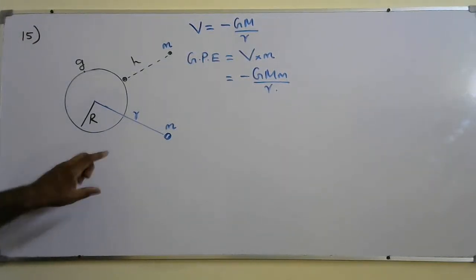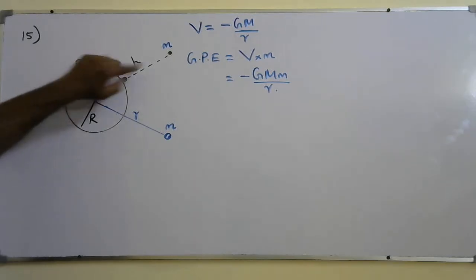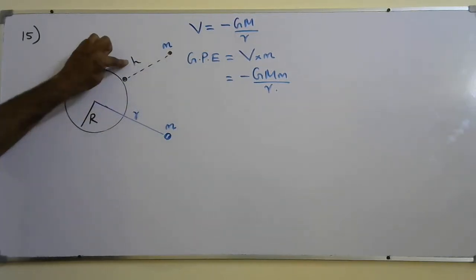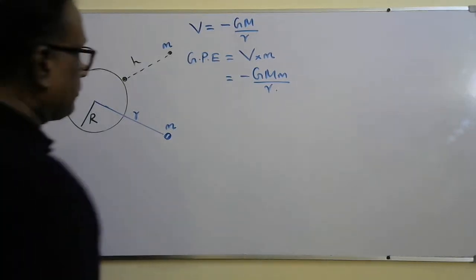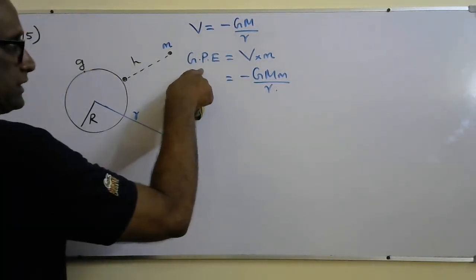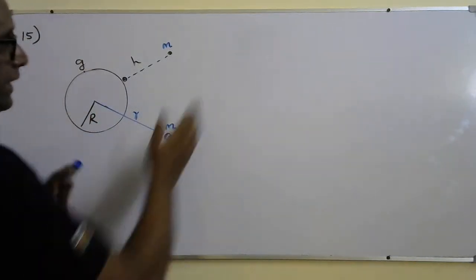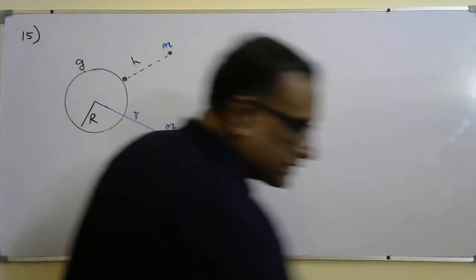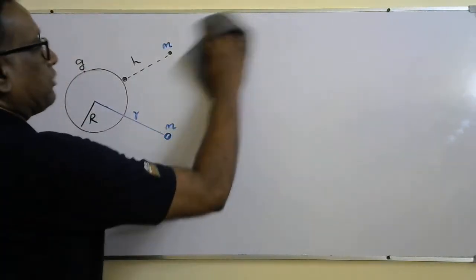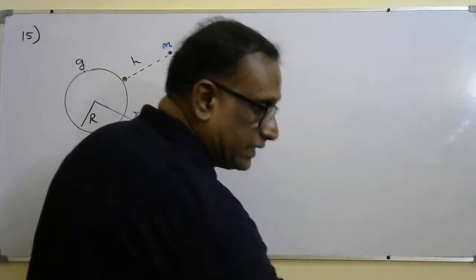If the object is moving from the surface to a point at height h, the gravitational potential energy gained is the final gravitational potential energy minus the initial gravitational potential energy. That is the gain in GPE we used in unit 1, and I'll get the equation from this gravitational field theory.